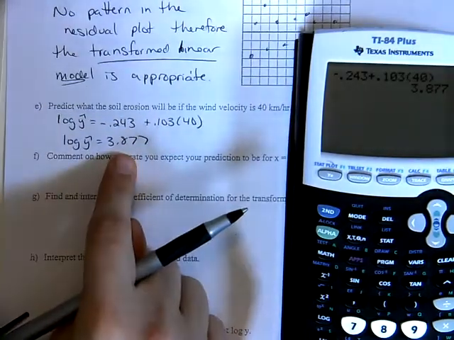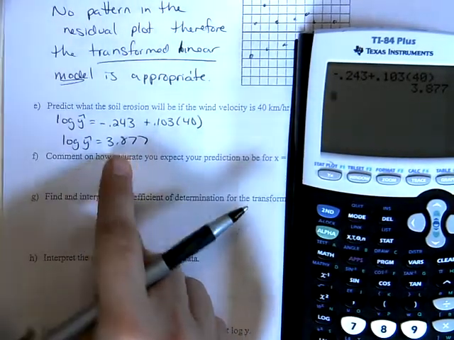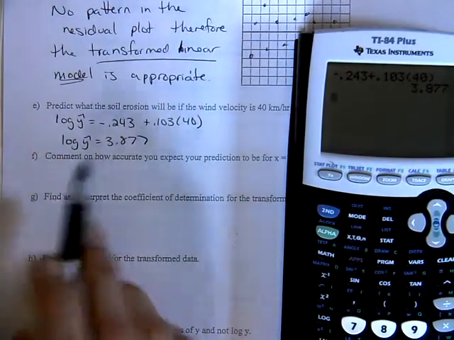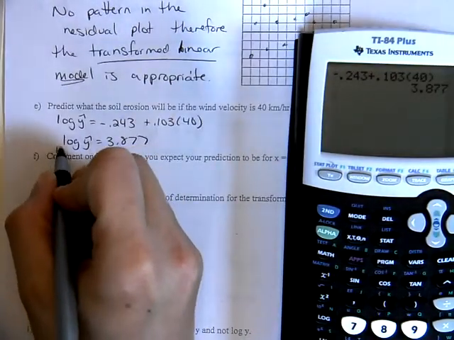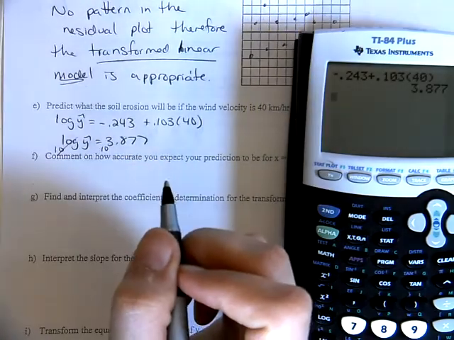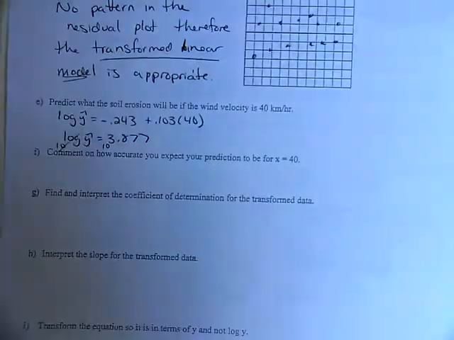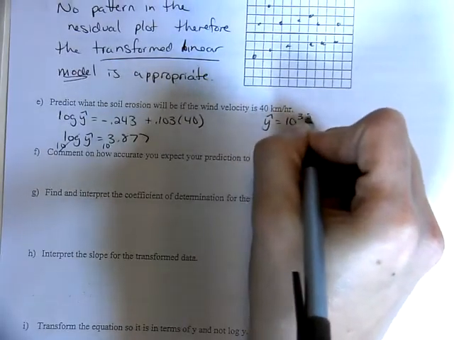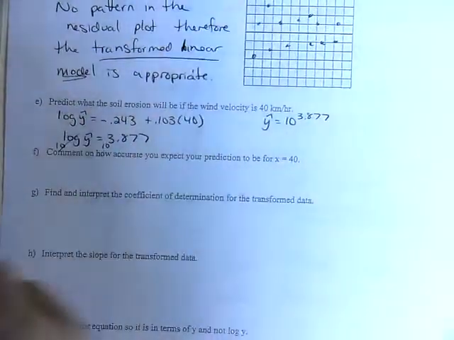You can't just stop there. We actually want y hat. So you got to think all the way back to algebra. To get rid of a log, I'm going to exponentiate. So I'm going to take these to the 10th power, and those will go away. So really y hat is 10 to the 3.877 power.